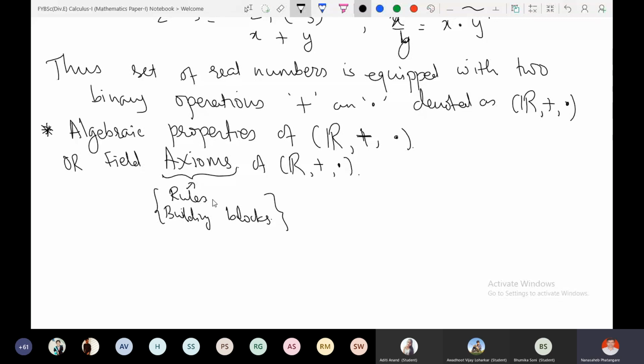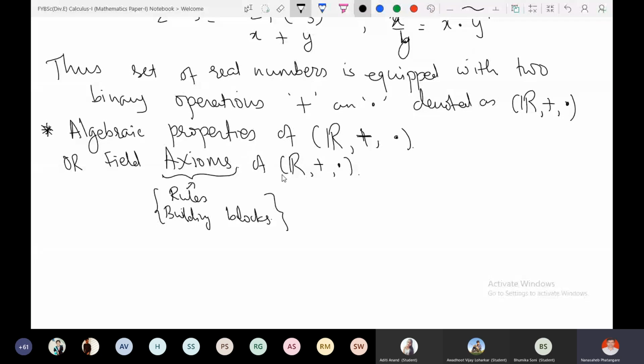Or if you want to construct some house, there are some building blocks. You have bricks, you have sand, you have cement, whatever. These are assumptions. So if you are talking about the system of real numbers, these axioms must be there. These are the rules defined by ancient people, and we are conveniently using these axioms in day-to-day life. Without these axioms, this set of real numbers is not useful for us, right?